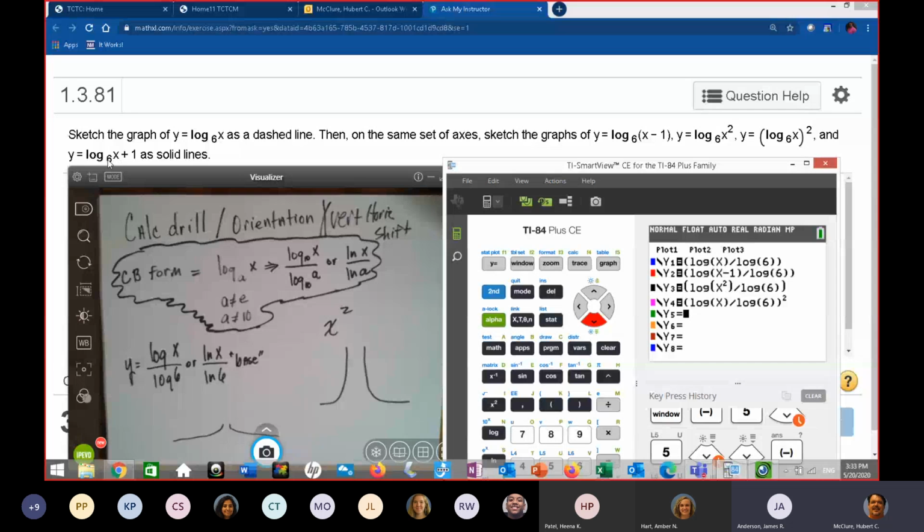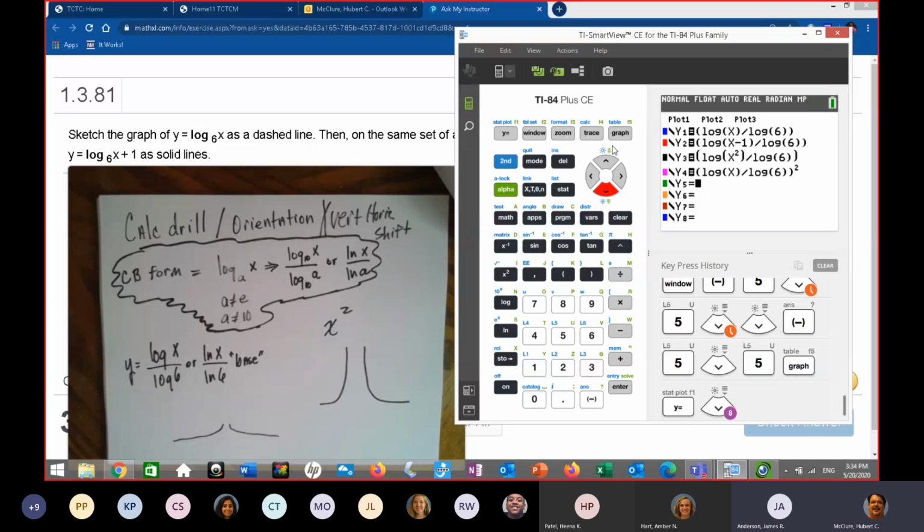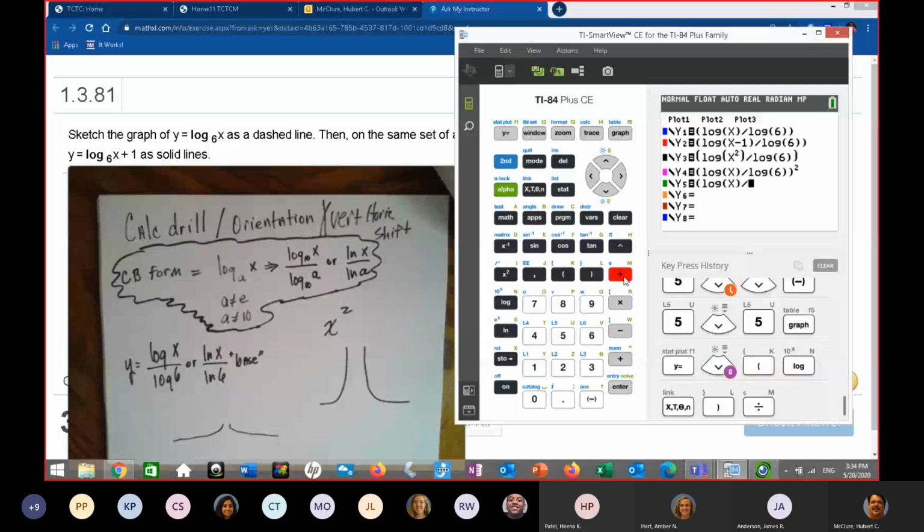So let me move this back up. So parentheses, log of x divided by log of 6, close parentheses, +1. Does everybody see what I'm saying?